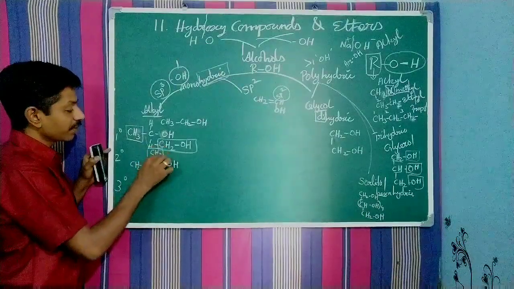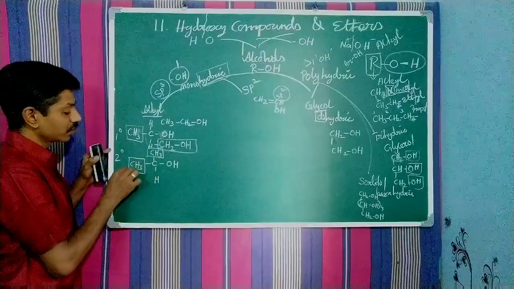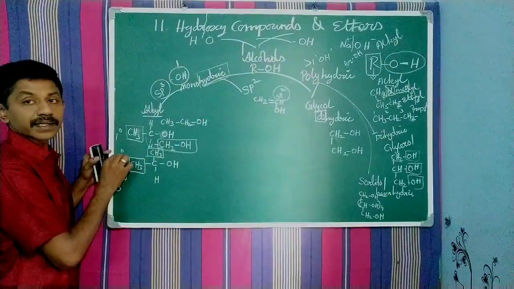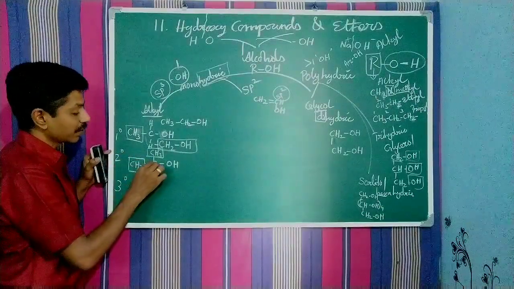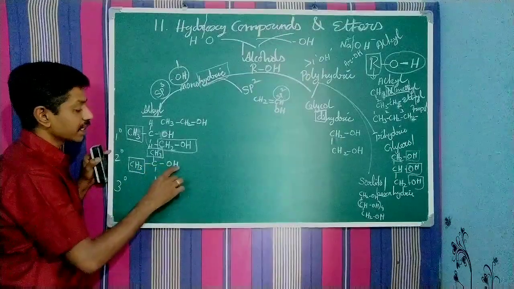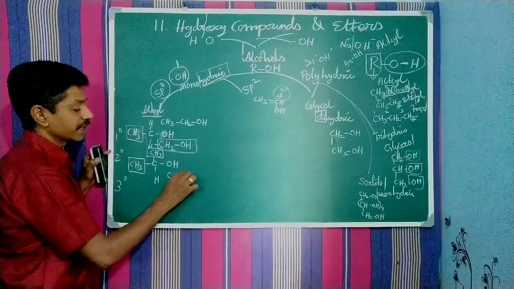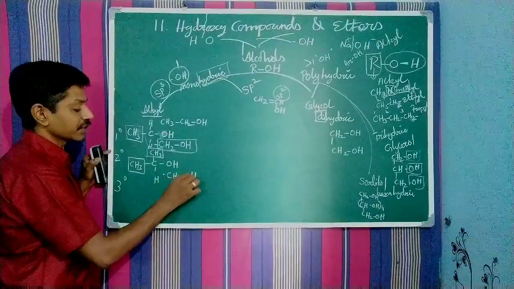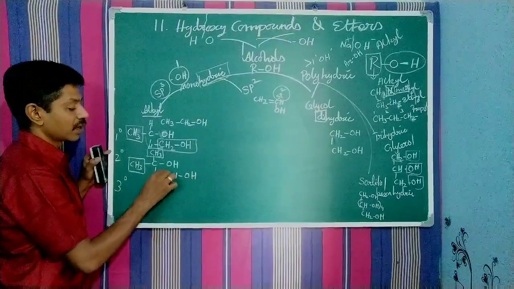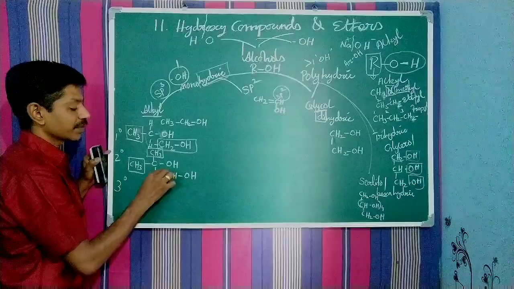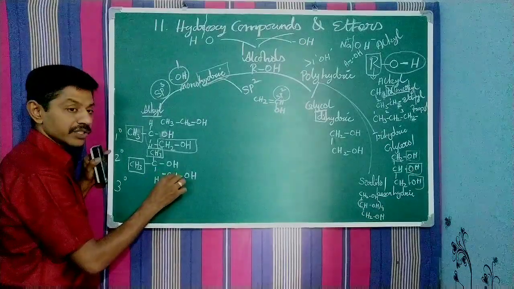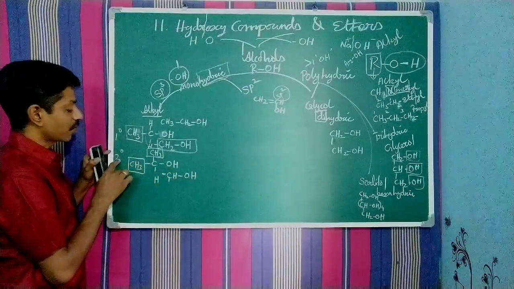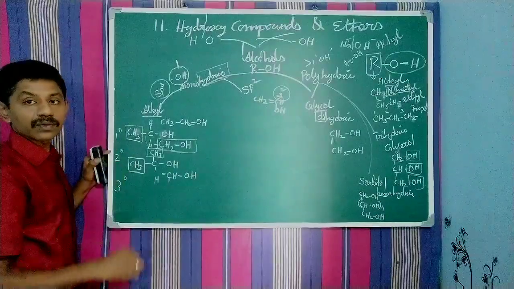So the total number of methyl groups attached is 2, we call it secondary. And if you closely see, the structure is CHOH. Wherever you see the alcohol functional group attached to a carbon that is CH in nature, then we talk about 2 degree, that is secondary alcohol.